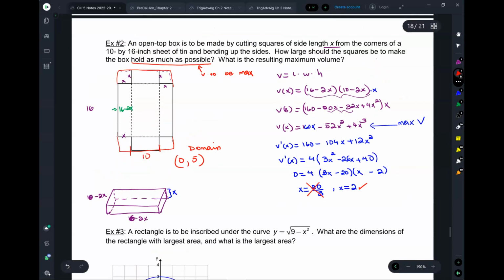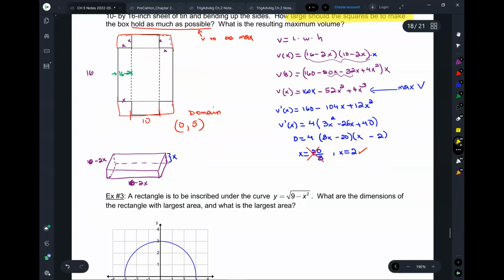Okay, so let's go back to the initial question. It says, how large should the squares be to make the box hold as much as possible? So the answer to that question is the squares have a length of 2, so they are 2 inches by 2 inches.